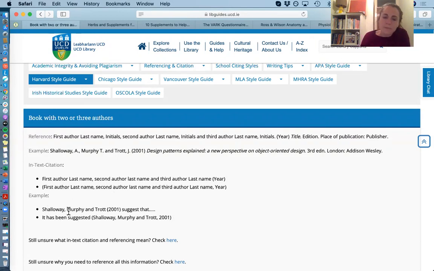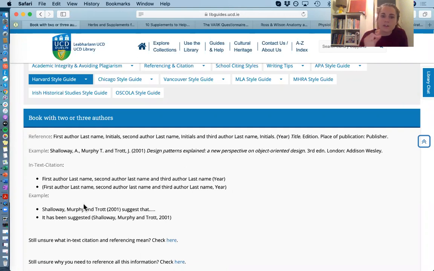The first example here is if you're mentioning the authors in the sentence itself. So let's say Shalloway suggests that consumption of prebiotic foods can lead to the growth of beneficial bacteria.